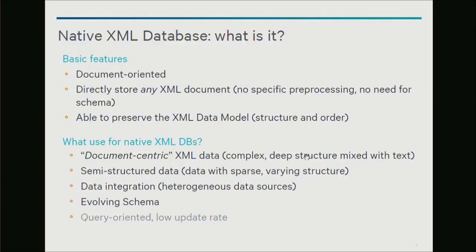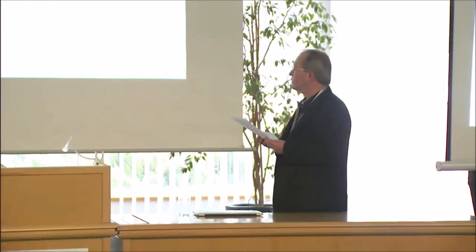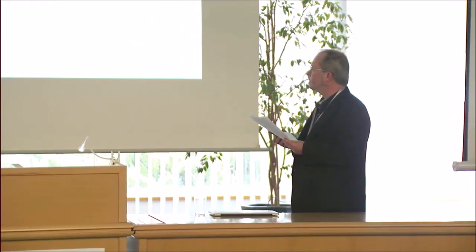And it's also good for semi-structured data, which means XML data with a lot of optional fields and a very variable schema. Also, for this reason, native XML databases are good for data integration because the flexibility of this data model can accommodate data from many different sources.